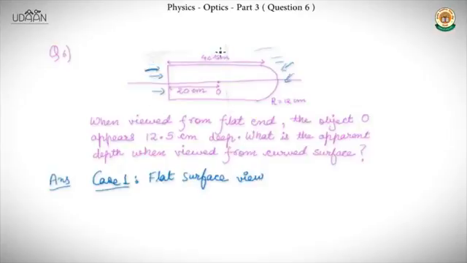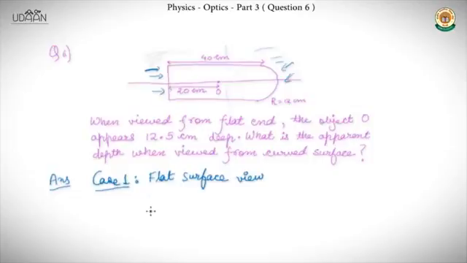Here we could just apply the concept of real depth and apparent depth, because it involves just a flat surface and can be treated as a rectangular medium from here to here. Note again that this formula is important and recurring, and it can greatly simplify problems.